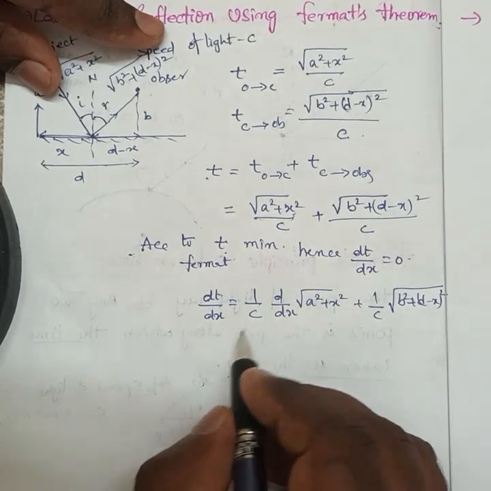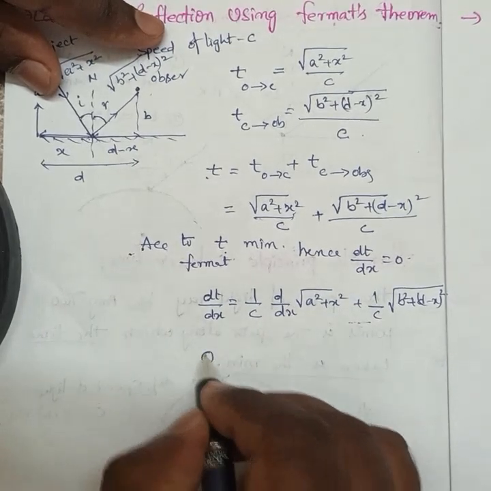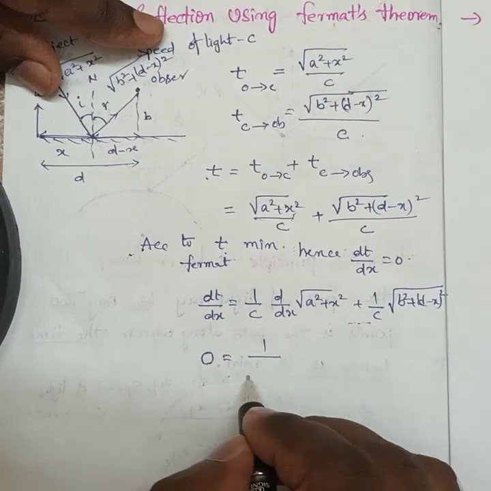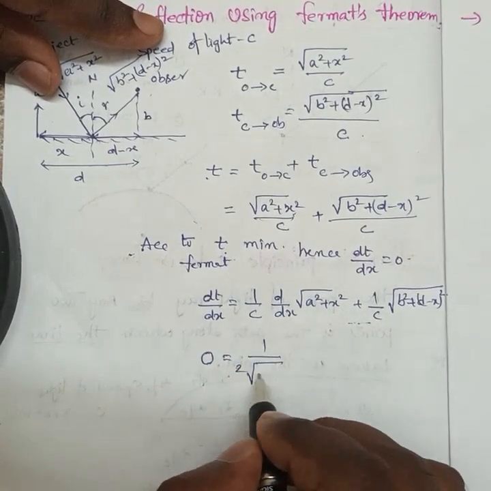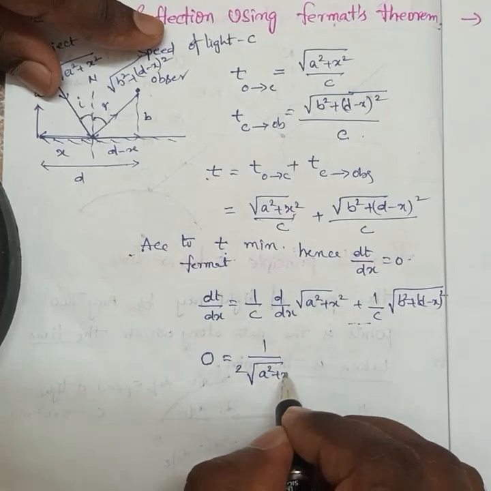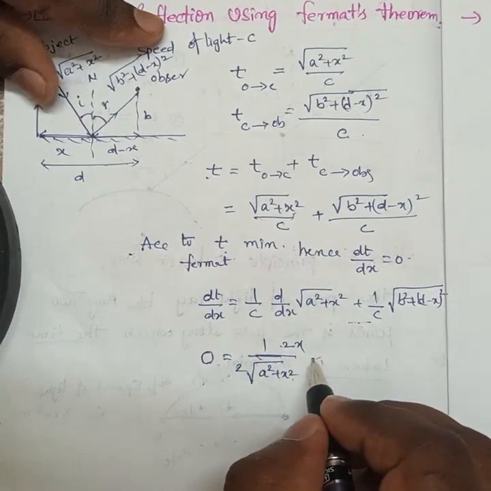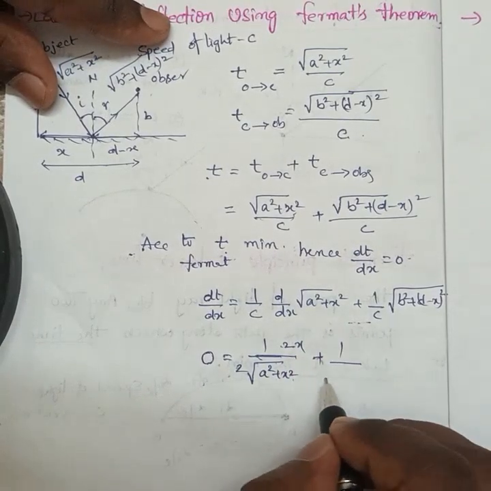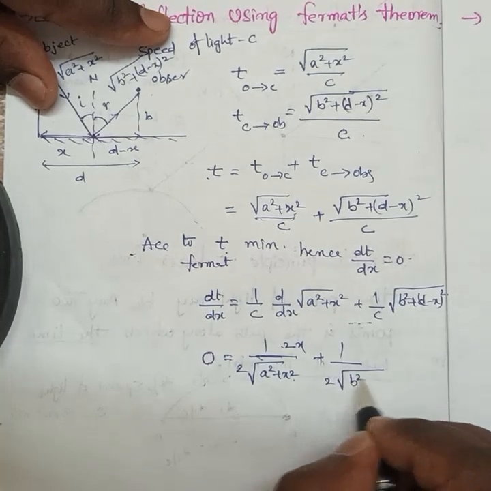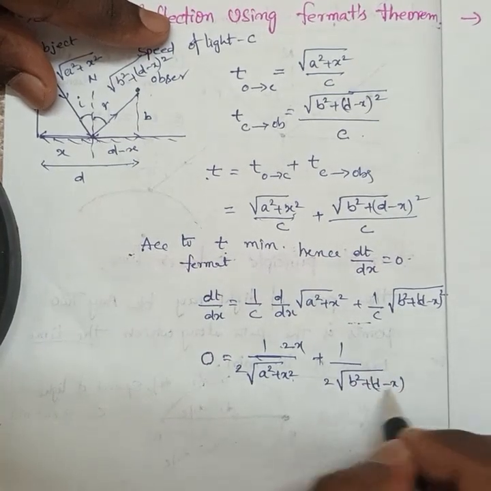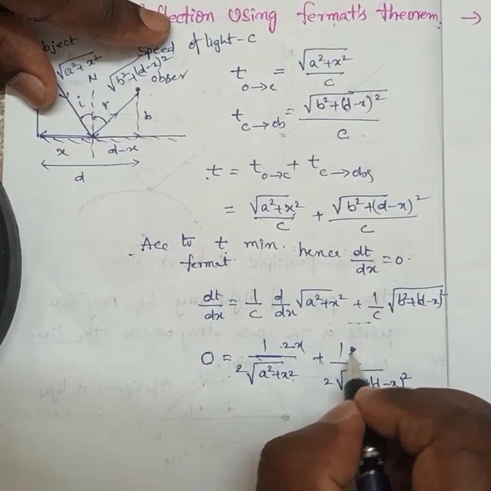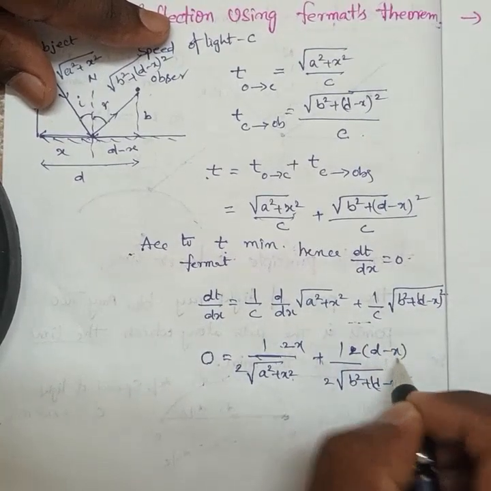Setting this equal to 0, we get 1 by 2 root of a square plus x square into 2x, plus 1 by 2 root of b square plus (d minus x) whole square into 2 times (d minus x) into minus 1.